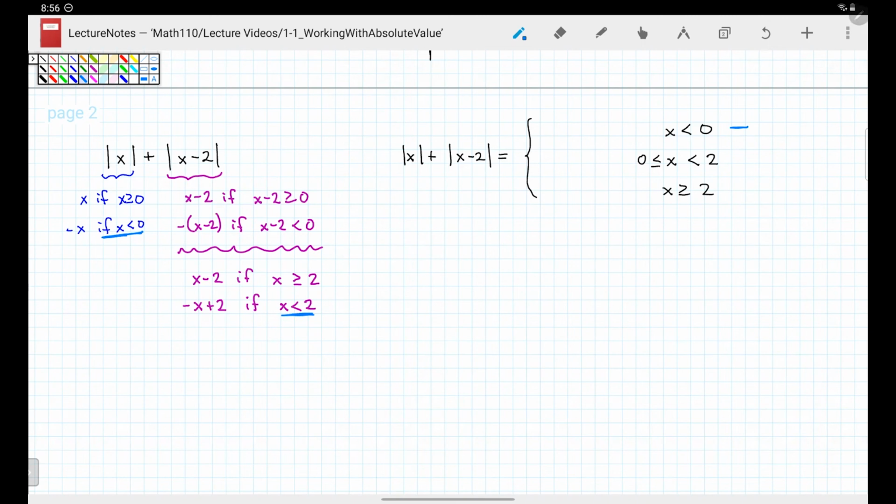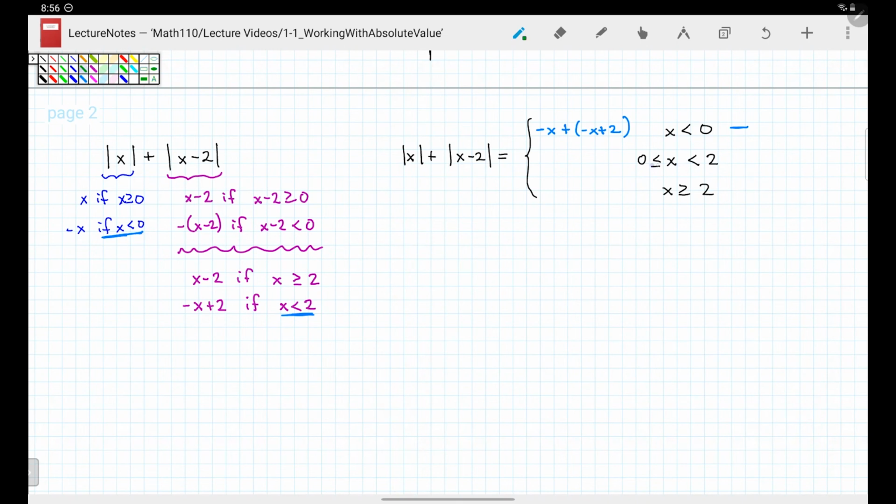So in this case, the absolute value of x is negative x, and the absolute value of x minus 2 is negative x plus 2. Okay, let me find, how about green for the next one?